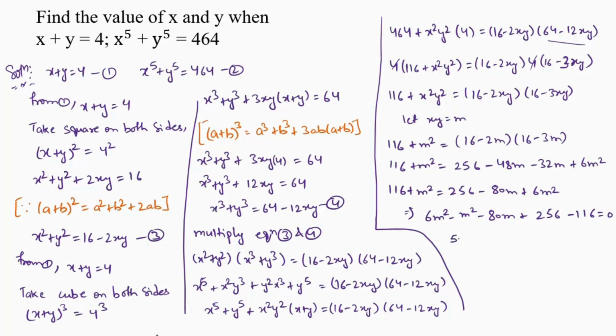On solving this we get 5m square minus 80m plus 140 equals to 0. Now by using quadratic formula we can calculate the value of m.